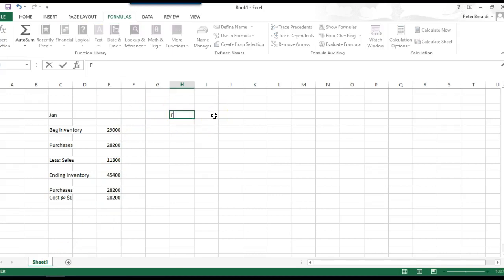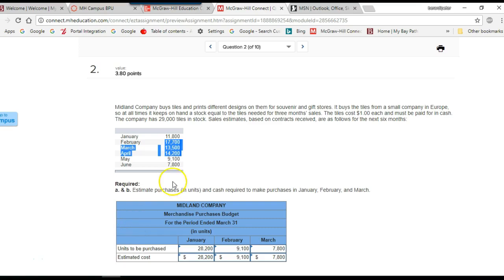Same approach. So for February, the beginning inventory now becomes our ending inventory, right? Because now new month, that becomes beginning. Purchases are unknown, less sales, which will equal, for the month, 17,700.